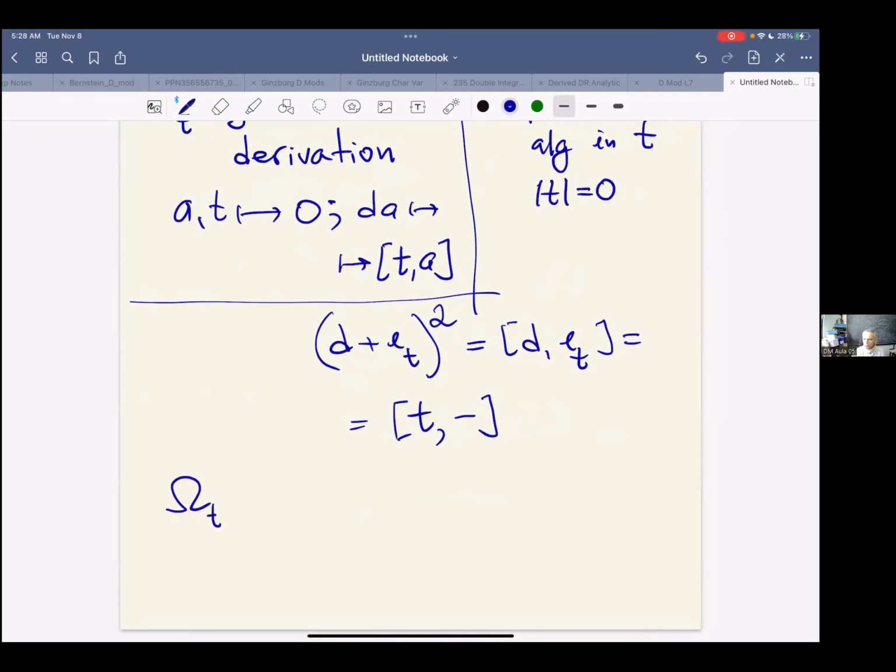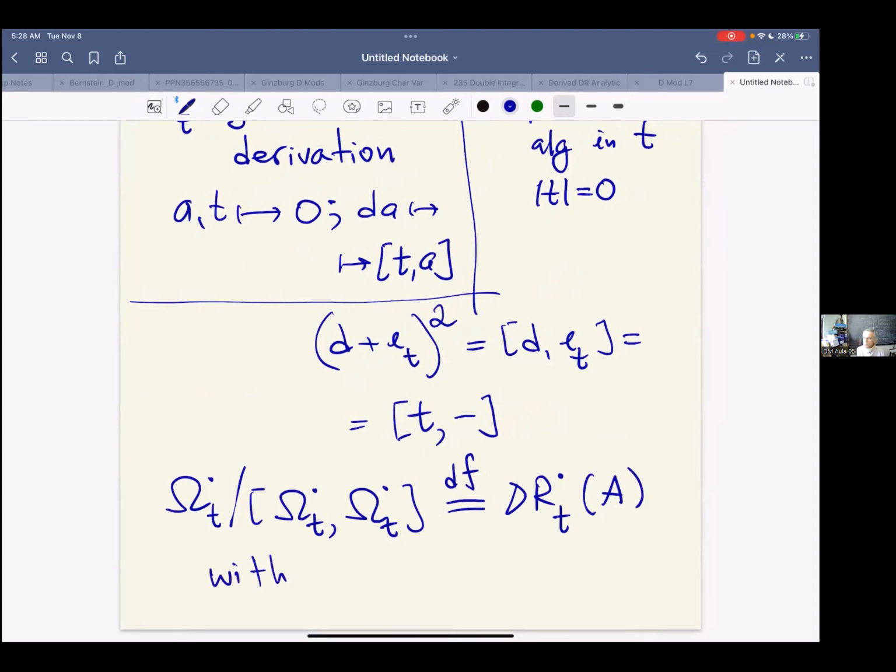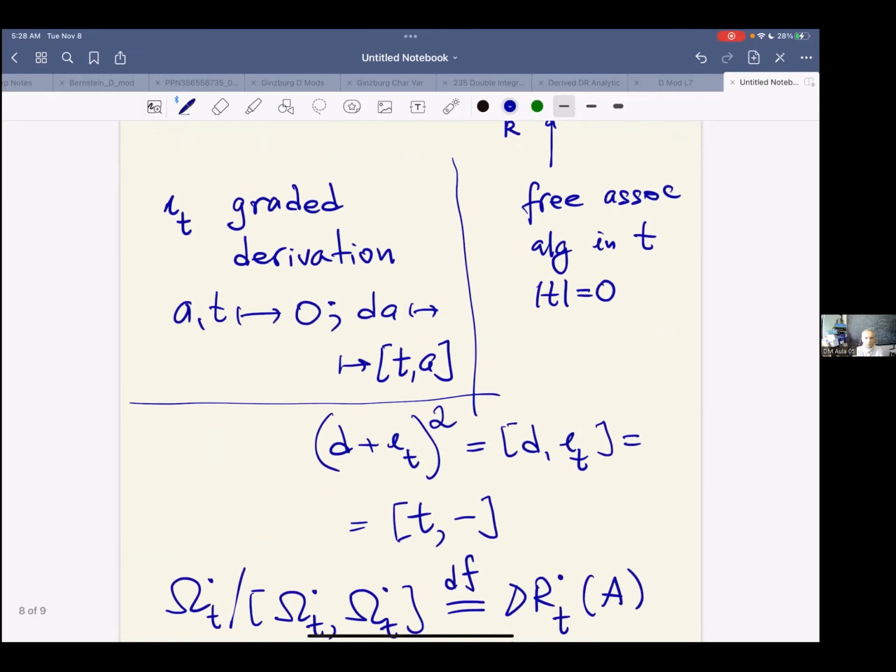If you factor the commutators, then by definition you get a non-commutative de Rham complex, and it will be of this form.